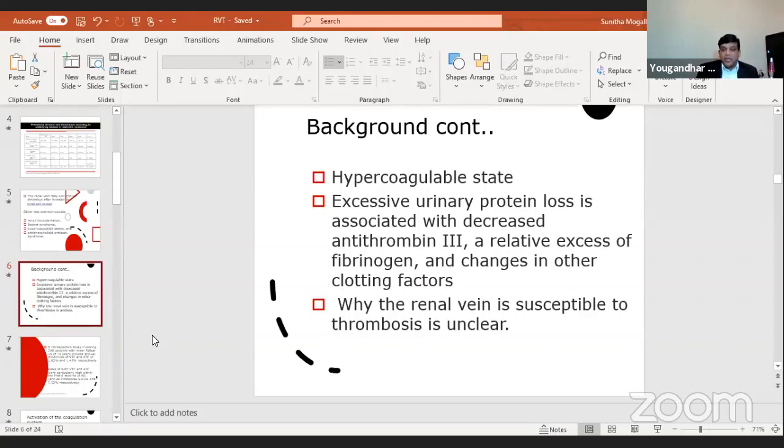It does this because, as I mentioned before, one of the characteristics is proteinuria, and you lose certain important antithrombotic factors, like antithrombin 3. This is why the patients are at higher risk of thrombosis.